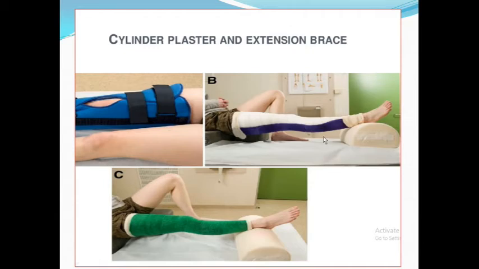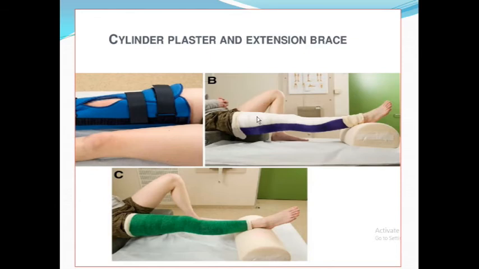So this is a simple way to find out whether the extensor mechanism is intact. That is mostly dependent on the retinaculum over the patella, which helps in this active SLR. So if the patient is able to lift the leg, then the extensor mechanism is intact.